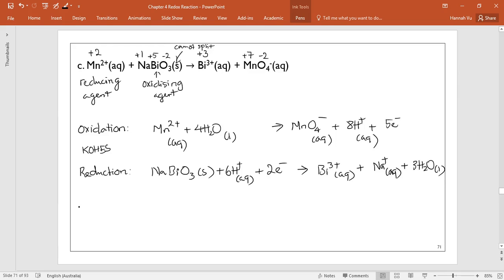Now, in order to add the two half equations together, I do need to multiply the first one by 2 and the second one by 5 to get to a lowest common multiple of 5 and 2, which is 10. And when you add them together, I think you're going to have to cancel out some water and H+.